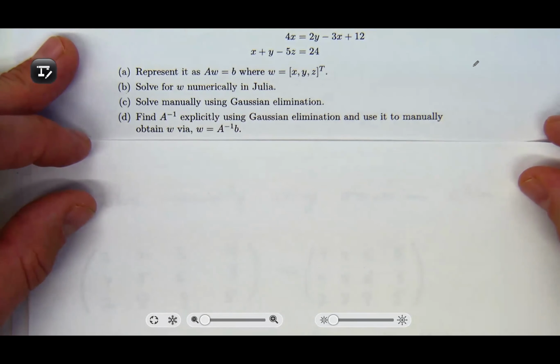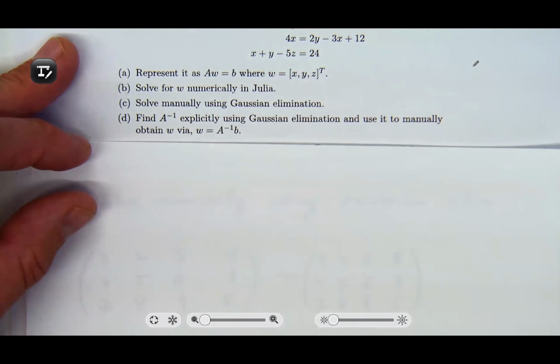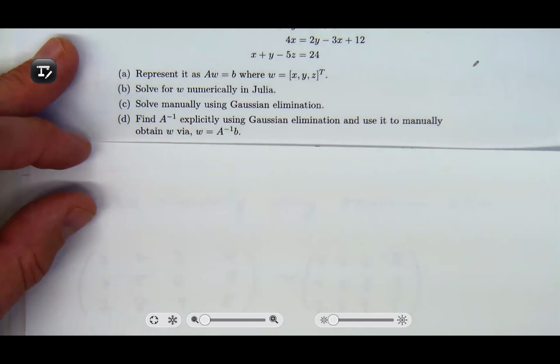Right, now if you had A W equals B, algebraically you just multiply by A inverse on the left and you just get this equation, right? A inverse times A is the identity matrix, and the identity matrix times W is W. So that's why we get that.